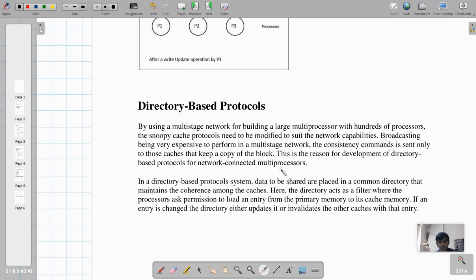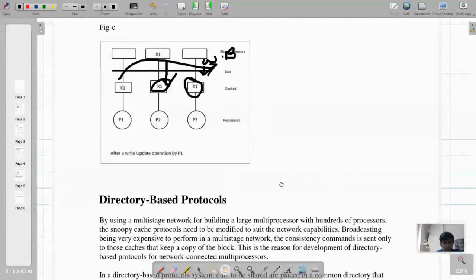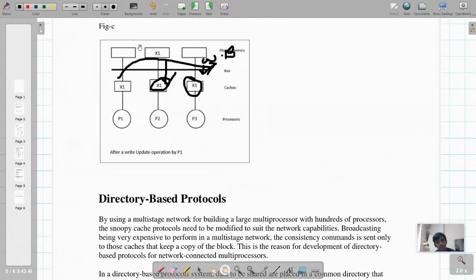Because in this scenario, messages need not be sent to different processors. Rather, different processors will check whether the data item they are going to access is consistent or not.